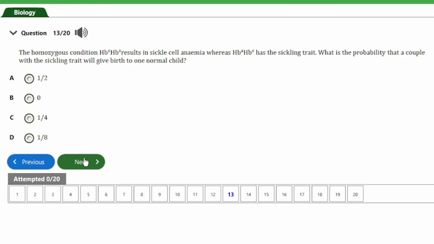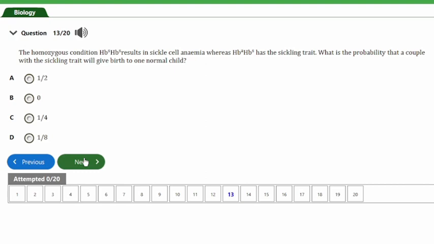Question number 13. It says, a homozygous condition, HbS HbS, results in sickle cell anemia, whereas HbA and HbS has the sickling trait. What is the probability that a couple with the sickling trait will give birth to one normal child? So guys, a couple with the sickling trait means that they are heterozygous, and that's AS and AS.